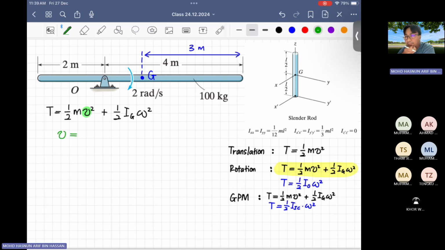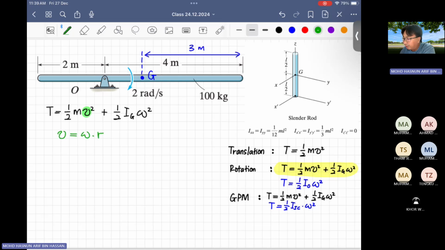Velocity means the unit must be meter per second. Can you get the velocity when you have the value of omega? V is equal to omega times R.